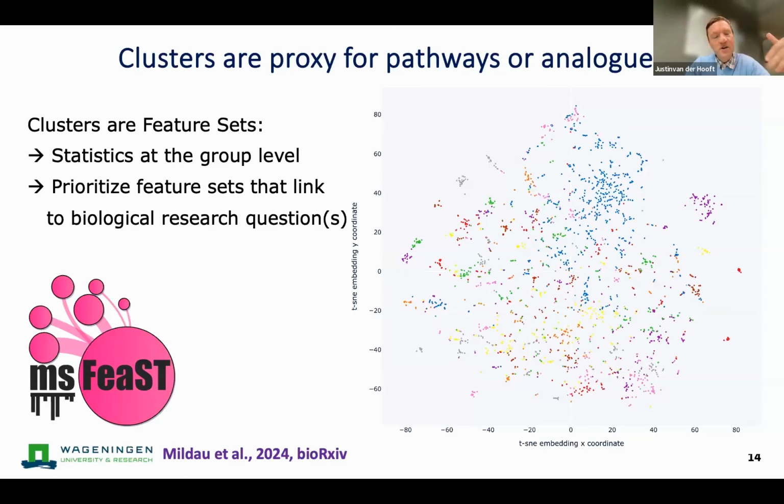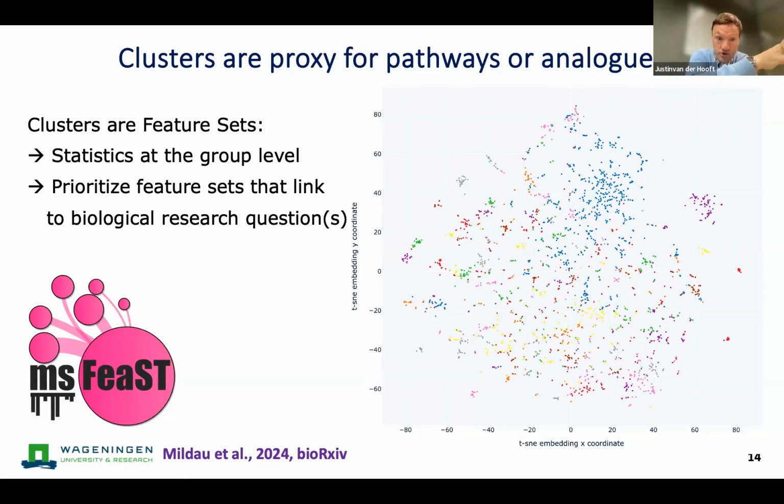Keep that in mind. And with that in mind, with postdoc Kevin Mildau, we developed msFeaST as a tool to help you guide and navigate the chemistry in your untargeted metabolomics data. First of all, the tool clusters the features in the map so that we can use them as a feature set or group, much like the molecular families that I showed.